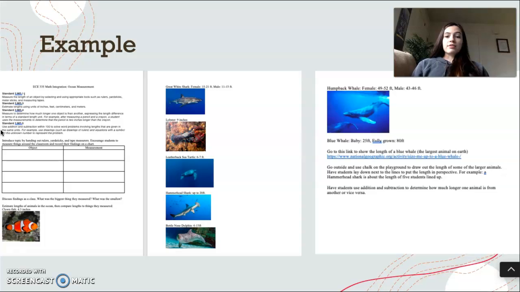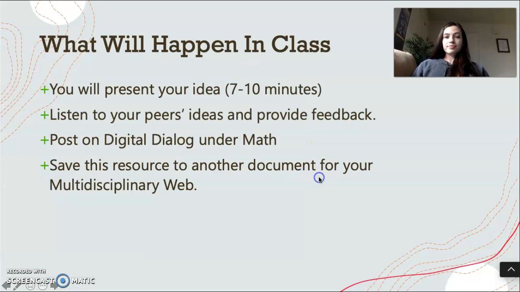And then you could have students use addition and subtraction to determine how much longer one animal would be from another, and vice versa. So that was my idea, and I just put this document on Digital Dialogue.